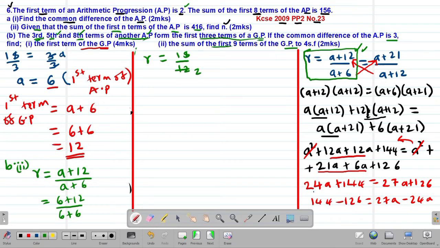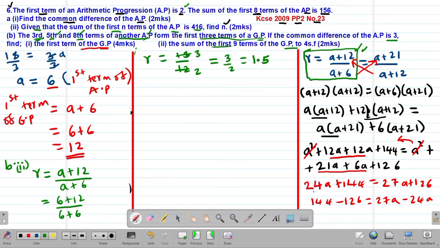By 6, 18 divided by 6 gives 3 and 12 divided by 6 gives 2. So our R, the common ratio, is going to be 3/2, which is 1.5.